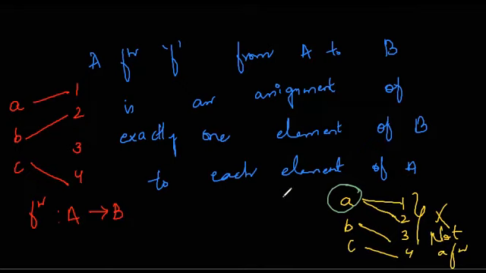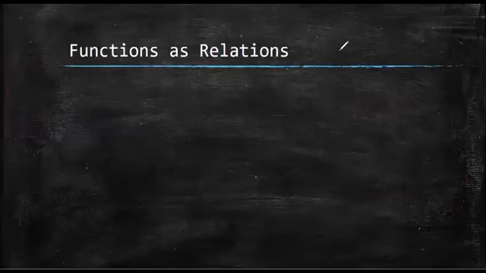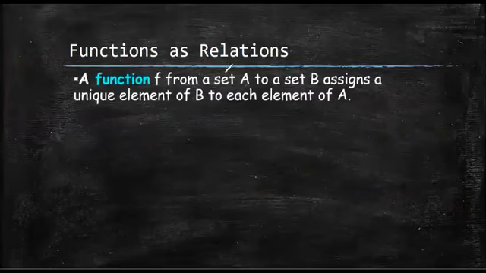Now, we are supposed to study the topic functions as relations. A function f from set A to set B assigns a unique element of B to each element of A. How do we denote the function? We denote it by writing f(a) = b.